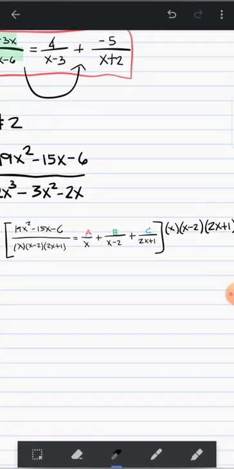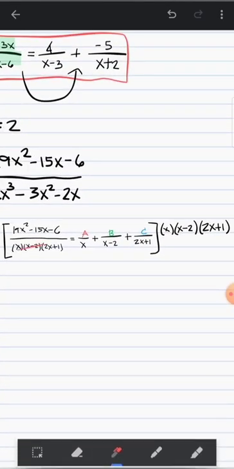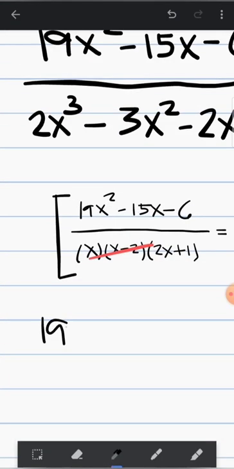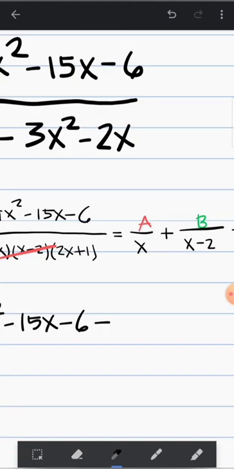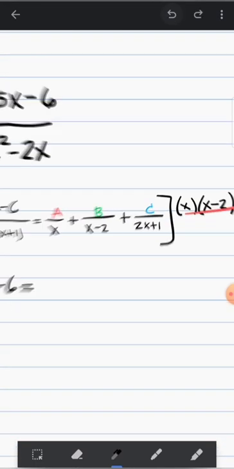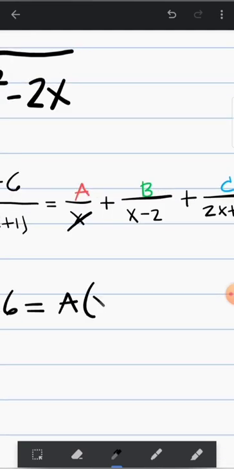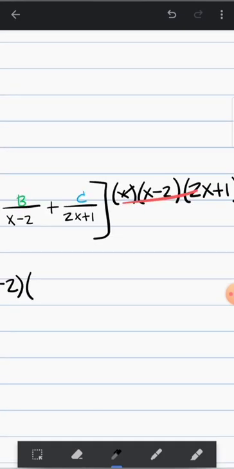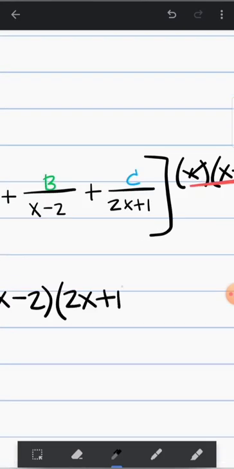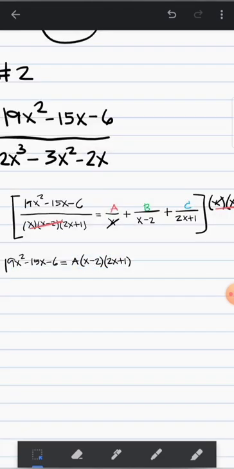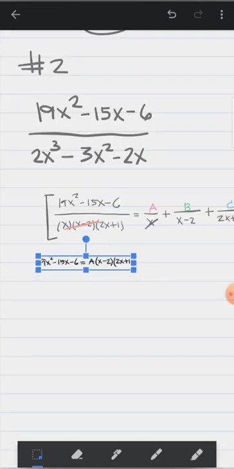And this term here, we're left with 9x squared minus 15x minus 6. That would be equal to, here only x will get cancelled out, so a times x minus 2 times 2x plus 1. Let's make it smaller so we can have more space.